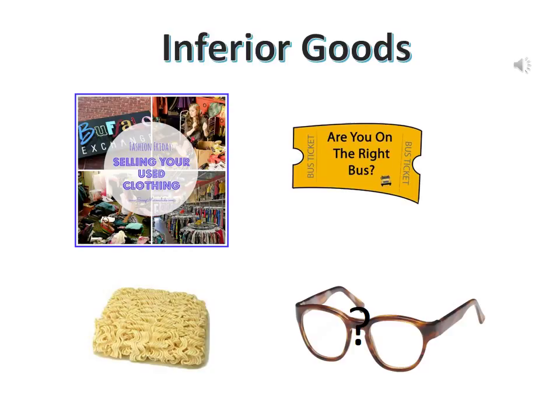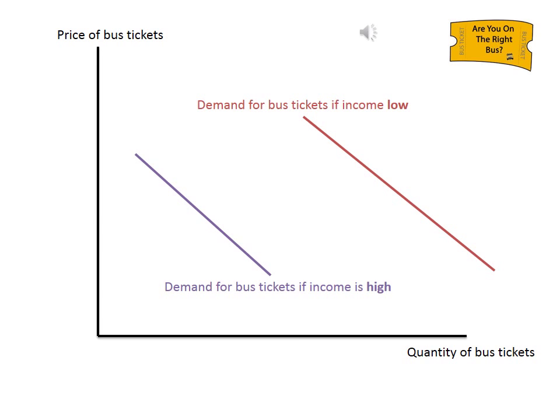So whether a good is normal or inferior can depend upon the culture or the overall level of wealth of a country. Now with inferior goods, the demand goes up if your income goes down. So if bus tickets are an inferior good, then if something happened to the economy of a city and it made the average person poorer, we would predict that demand would shift to the right, that demand would increase.